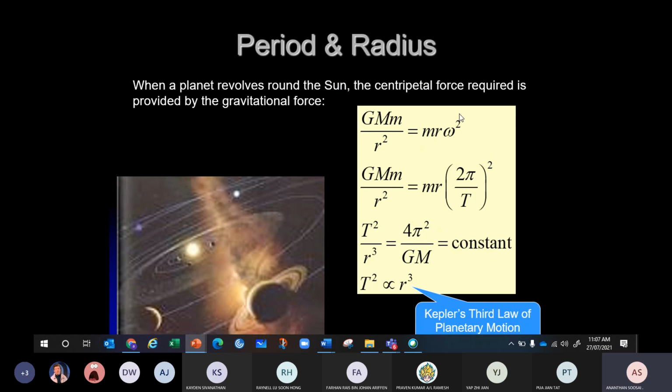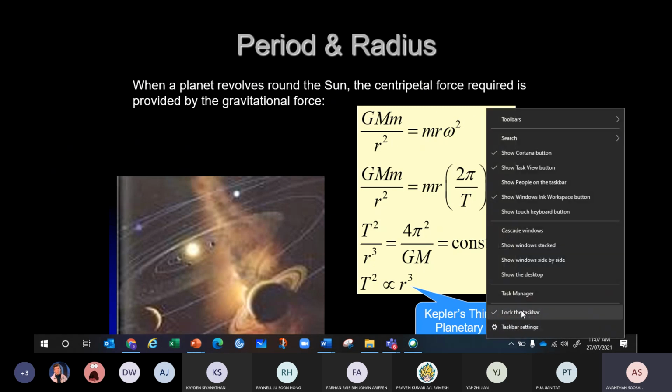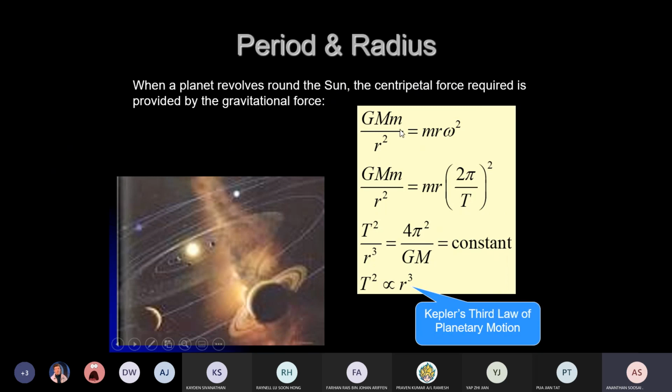I believe you're familiar with these equations. Just now we derived them, right? So how to get the orbital speed? T squared is found to be proportional to r cubed. This is a universal equation again. It's not only applicable for Earth and satellites, it's applicable for all the planets. So for the Sun and Earth, this formula applies.